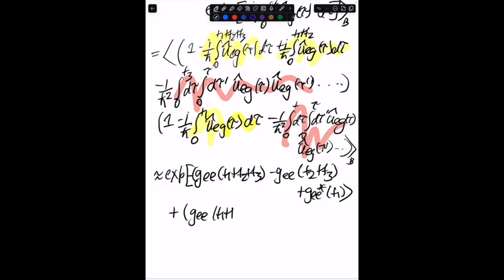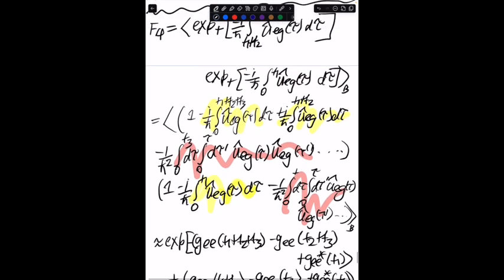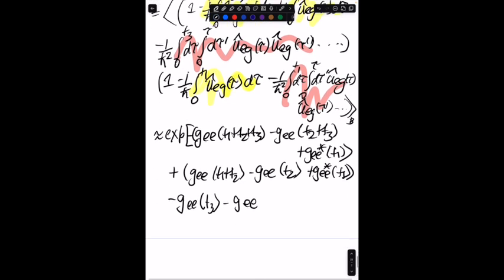G(T1 + T2) minus G(T2) plus G*(T1), right? And then you get minus G(T3) minus G(T1), right? And then this cancels this.